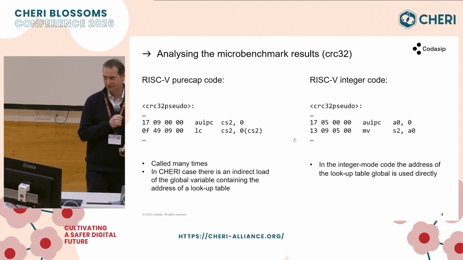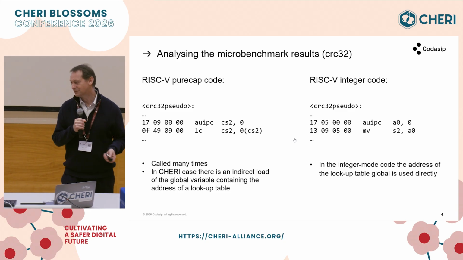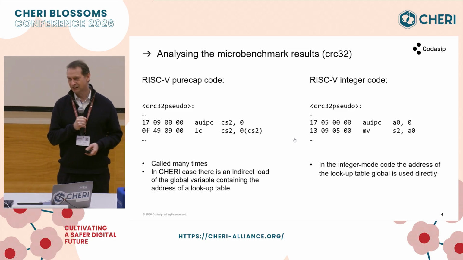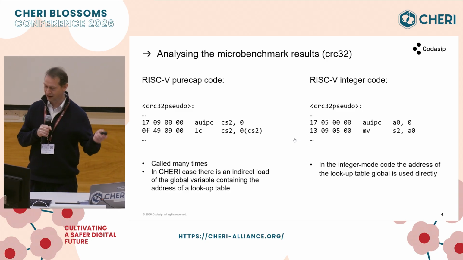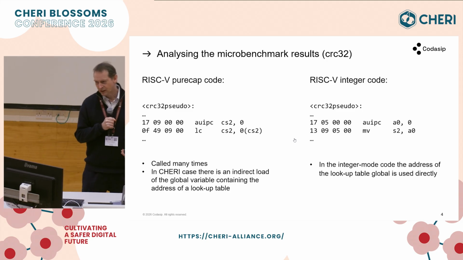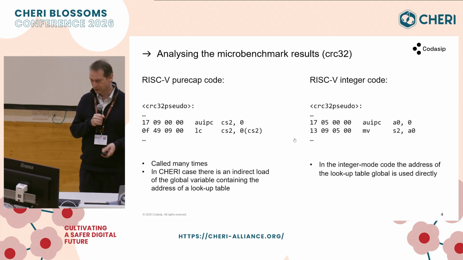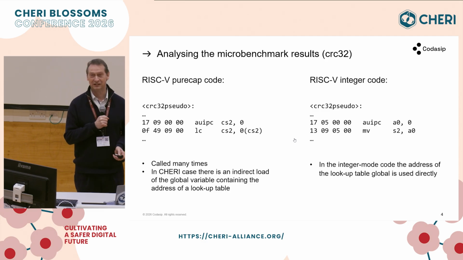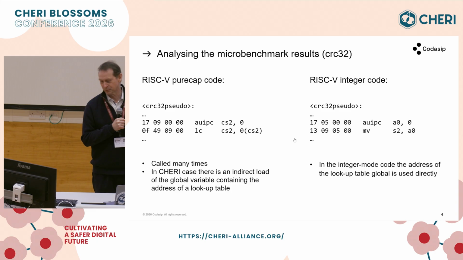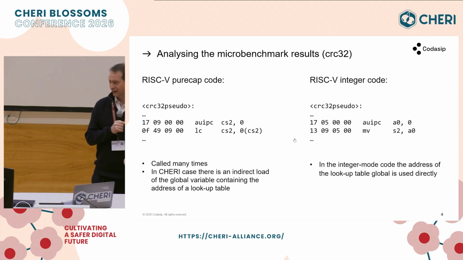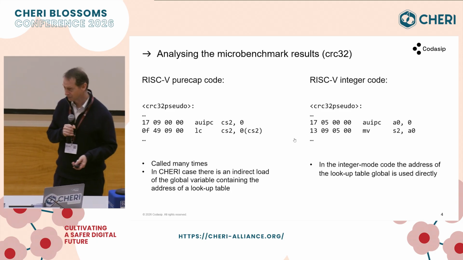It's a very tight nested loop accessing a global array that had been defined. In the non-CHERI case, we only had one load accessing that array. In the CHERI case, we have multiple loads, and really that is the biggest difference of it all.